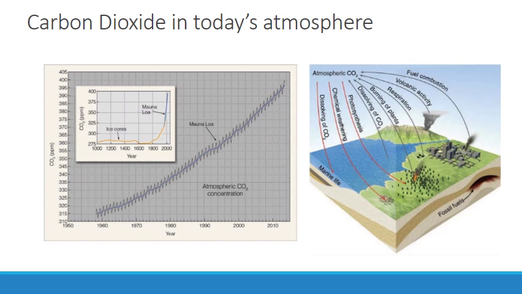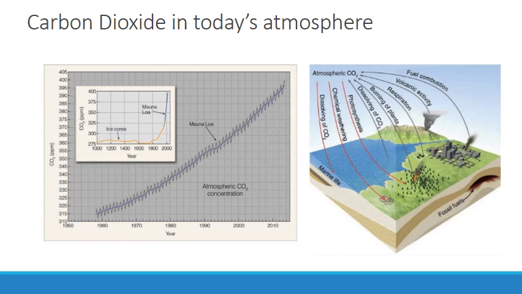Although the proportion of carbon dioxide in the atmosphere is relatively uniform from one place to another, and also at different heights in the atmosphere, its percentage has been rising steadily now for more than a century. The graph on the left doesn't go back quite that far, but it shows the growth in atmospheric carbon dioxide measured at the Mauna Loa Observatory in Hawaii since 1958.